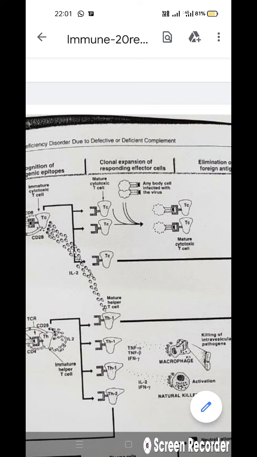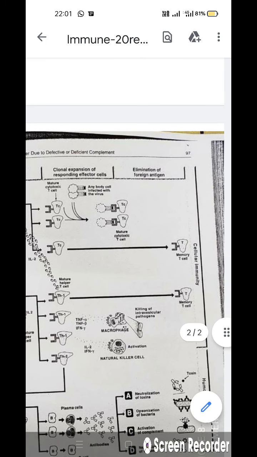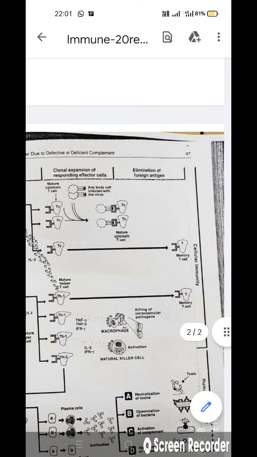So in this way, the cytotoxic T cells help in the killing of the virus. It cannot directly kill the virus, but it can kill the virus infected cells. Besides that, similar to the helper T cell, some cytotoxic T cells become memory cytotoxic T cells, thereby leading to the fast action of the cytotoxic T cells in the secondary infection or secondary immune response.